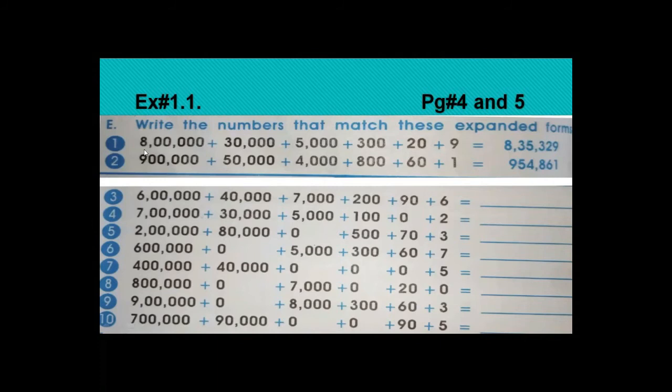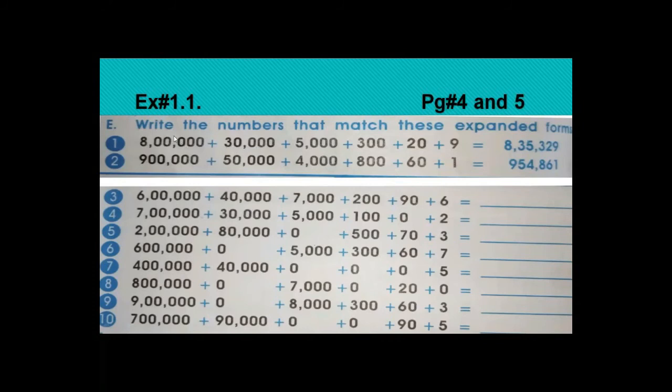So look at here. The first digit is considered as lakhs. You know very well that in the Pakistani way, the 6th digit is considered as lakhs. How many zeros are there in lakhs? 5 zeros. So first of all, you will write 8. 8 comes at the place of lakh because there are 5 zeros given here. Then comma, then look at here.